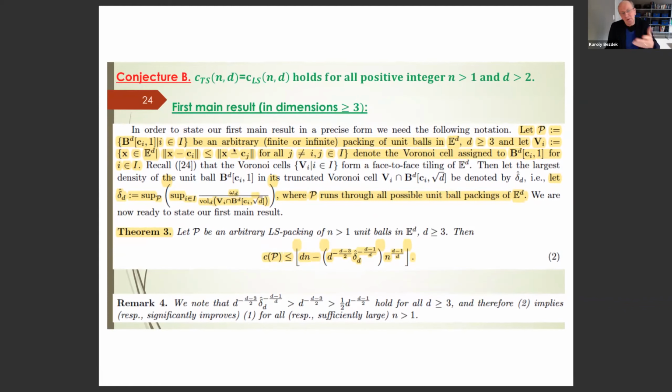So the first result, towards this conjecture, is an upper bound on the contact numbers of locally separable packings. In fact, I could improve the earlier upper bounds on contact numbers for totally separable packings, for locally separable packings. So this upper bound that you see here is better than the earlier upper bound on the contact numbers of totally separable packings.